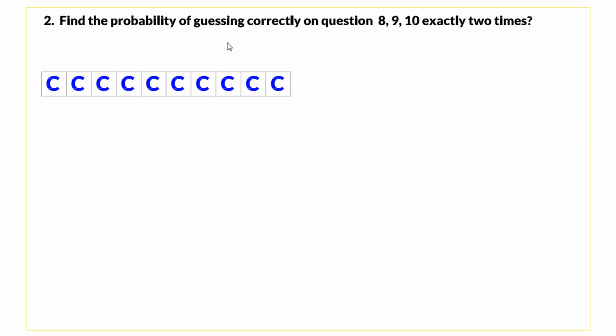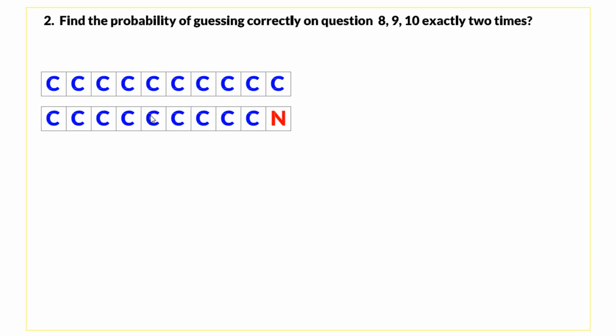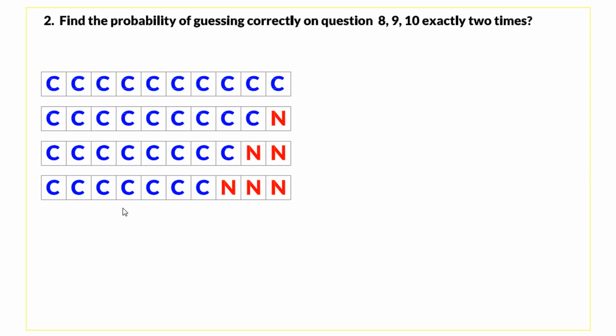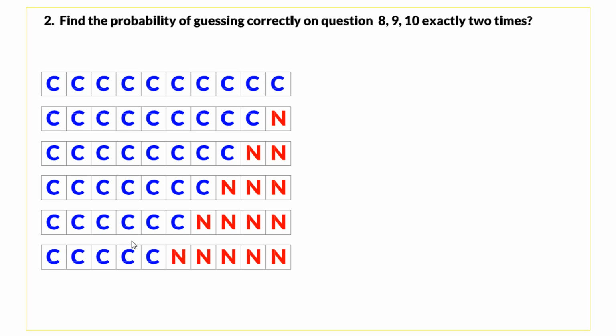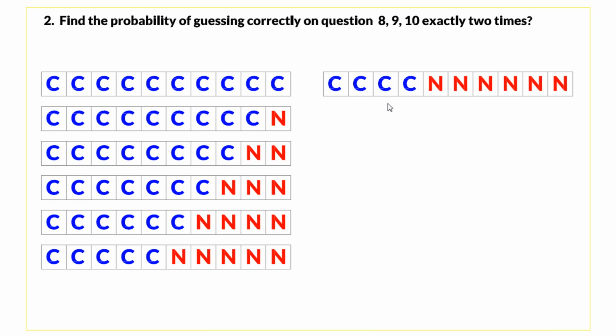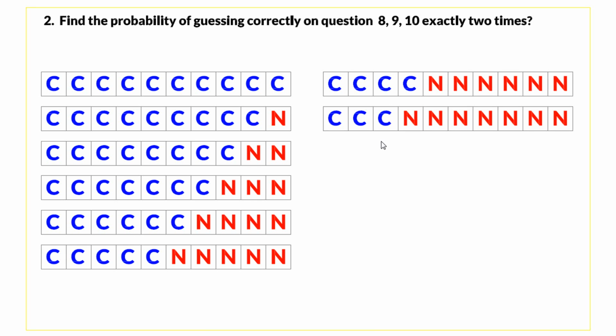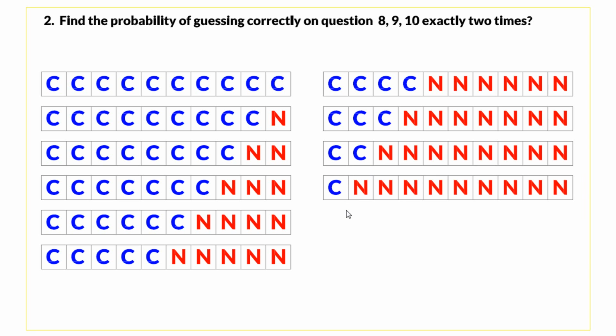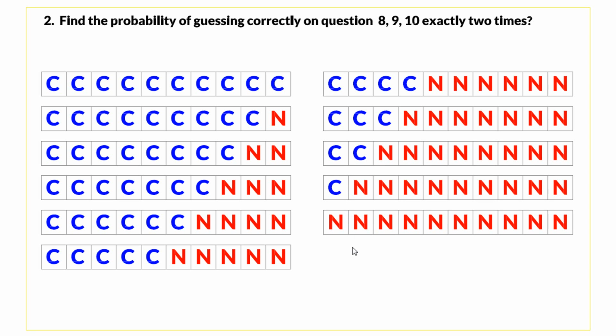We may answer all of them correctly, 9 correctly, 8 correctly, 7, 6, 5, 4, 3, 2, 1 correctly, or 0 questions answered correctly.